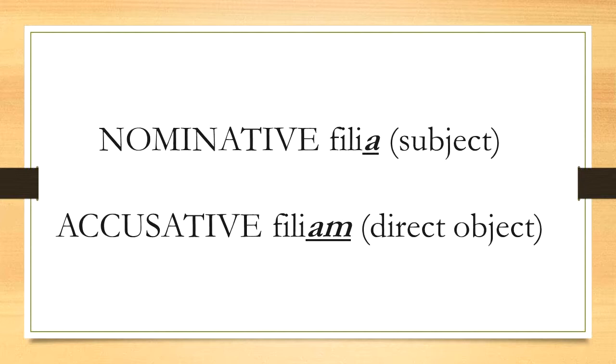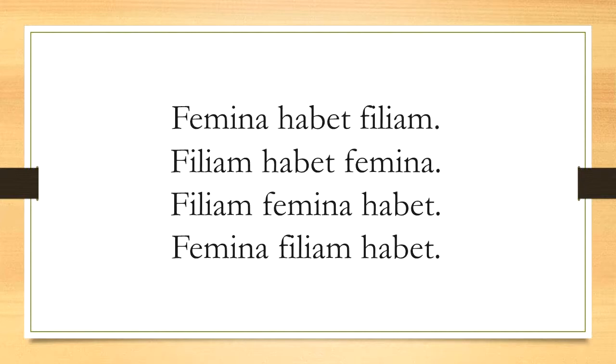We call this ending the accusative case. Still, even though word order is very free, there is a word order that we could say Latin writers or speakers tended to prefer. The first word and the last word in the sentence were treated as the most powerful positions, the positions with the most emphasis, and so the most important or emphasized words would be put there, one at the beginning, one at the end.